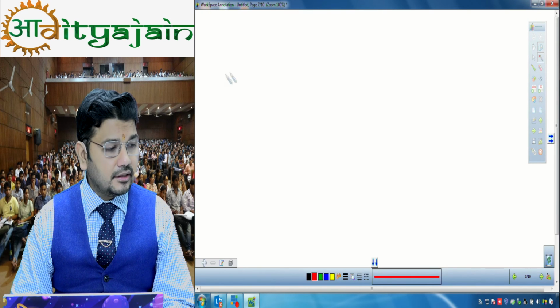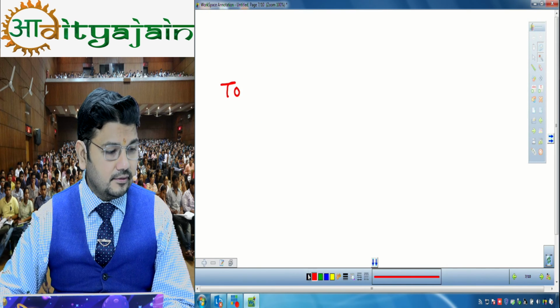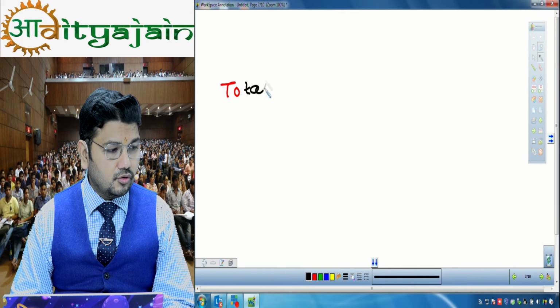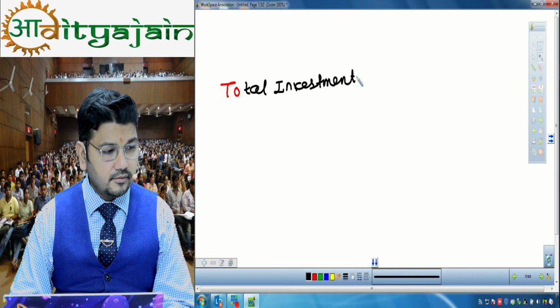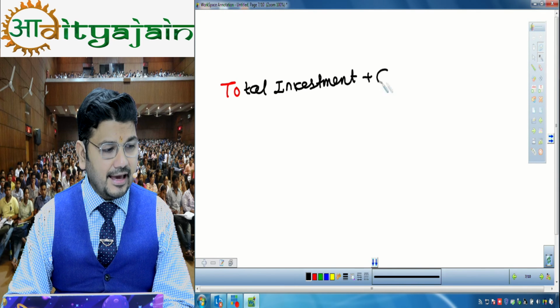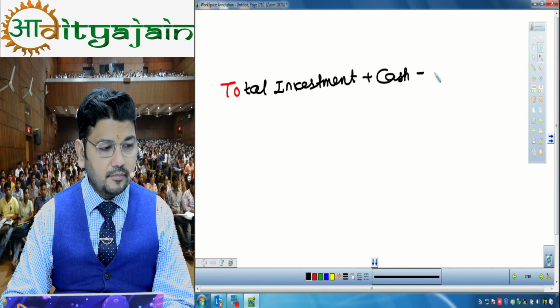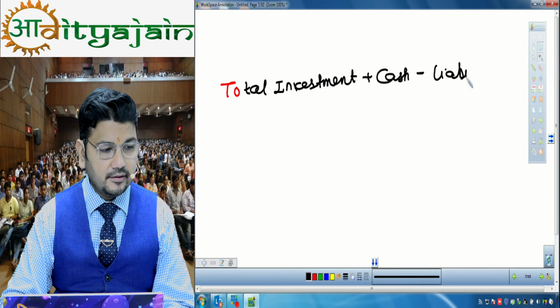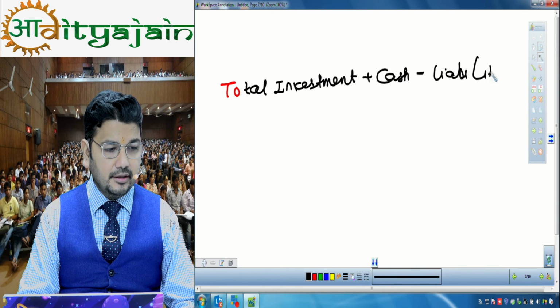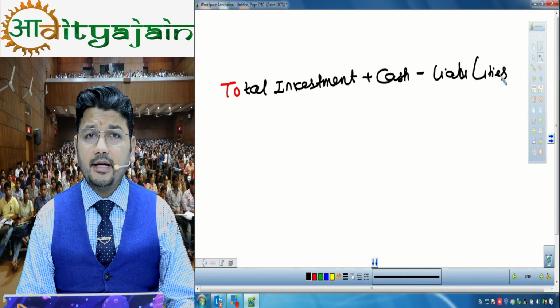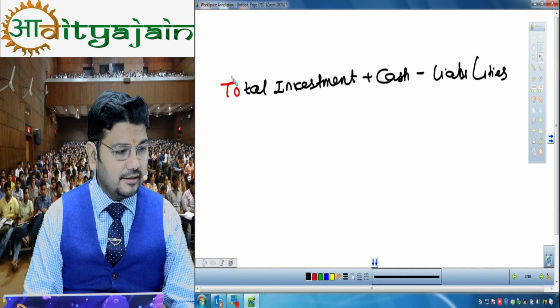Net assets means total investment plus cash minus liabilities. It will give us net asset.